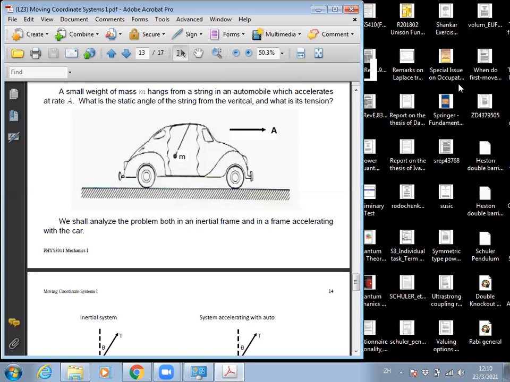Okay? This is a good question in the qualifying exam for the PhD students. Short questions. Qualifying exam. And you can find this example in the book by Kleppner, Introduction to Mechanics.